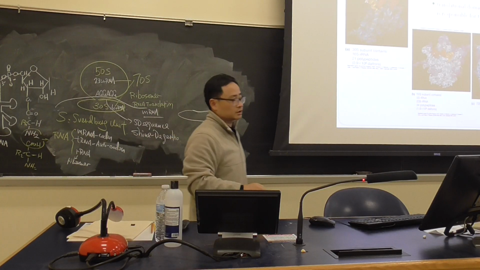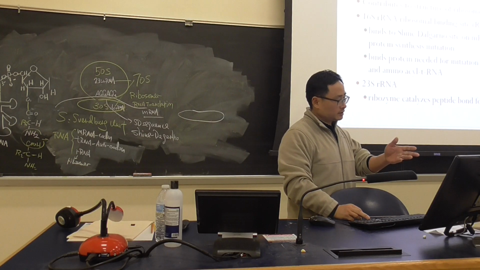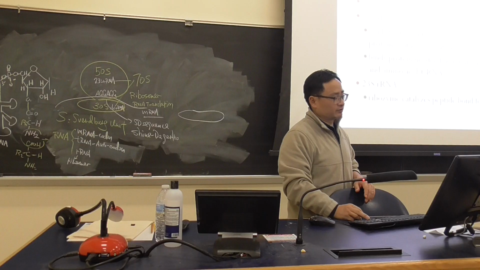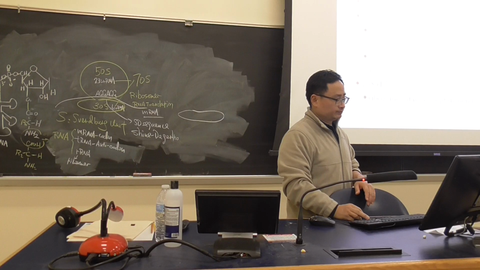We have a slide, we can talk about that. We're not going to draw everything. Look here, 16S rRNA is a ribosome binding site. It binds to the Shine-Dalgarno site on the mRNA for protein synthesis initiation, and this will become an amino acyl tRNA.